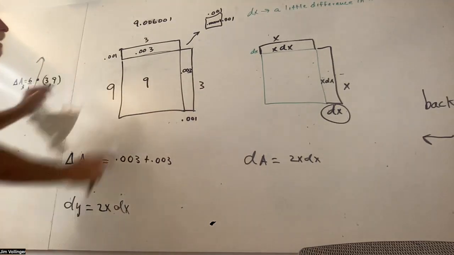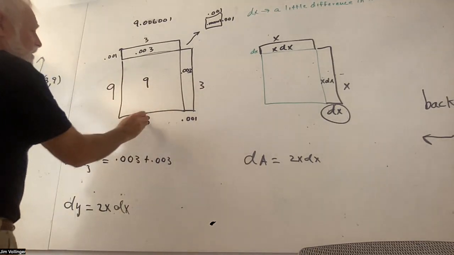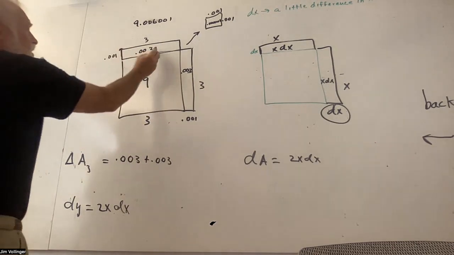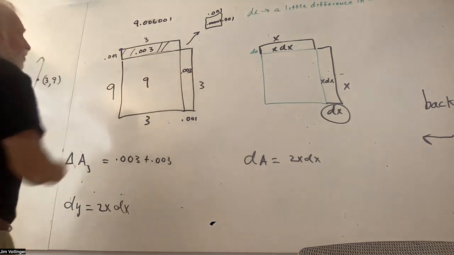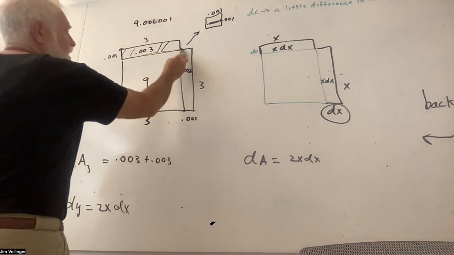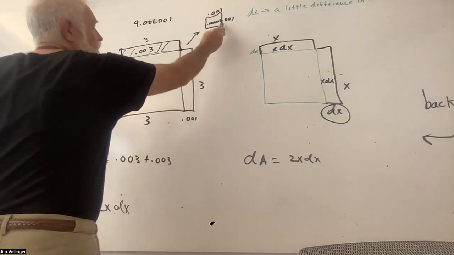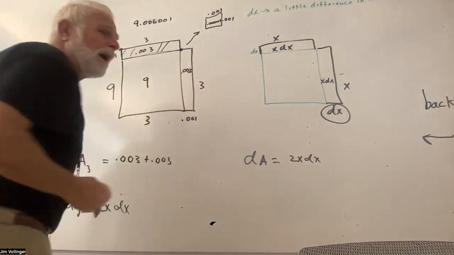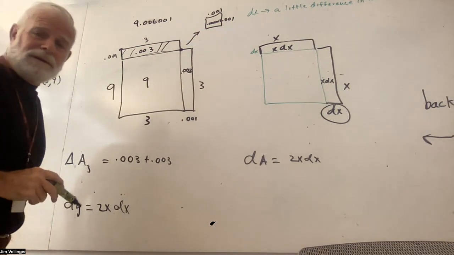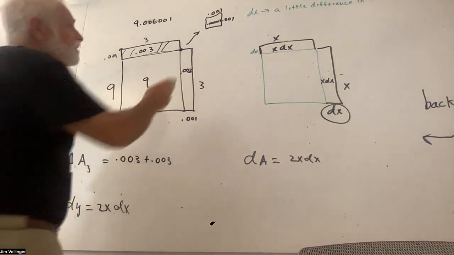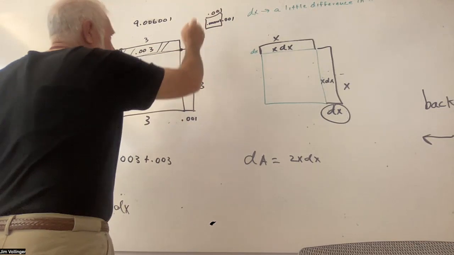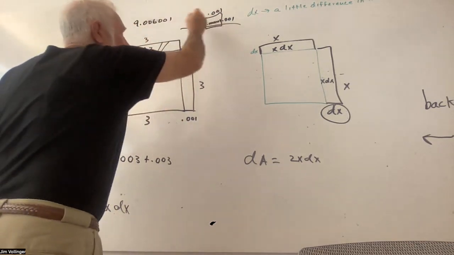If I multiply it times the side length of 3, I get new change in area 0.003. And right here at the cusp, I get 0.001 times 0.001. I'm just doing geometry with you here. That's not rocket science. So you get 0.001, which is so small, we're going to just ignore it.